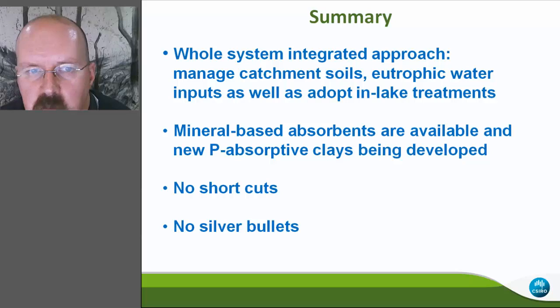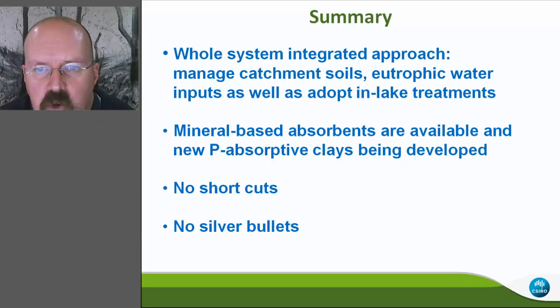New mineral-based absorbents are now available, in addition to new P-absorptive clays, and a hybrid clay that's currently being developed. The important thing to also say is that in this development, there have been no shortcuts. As Brian Spears said, no silver bullets are available in terms of managing phosphorus in aquatic systems.